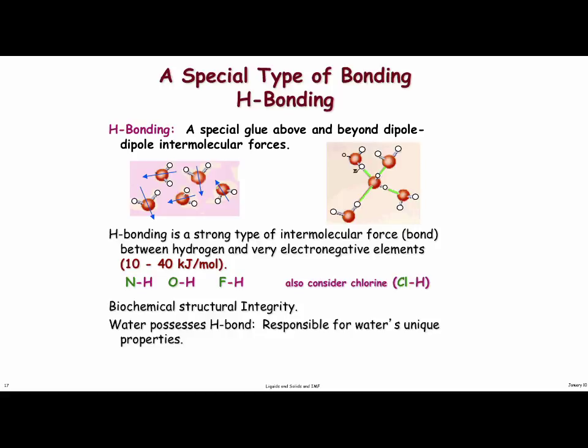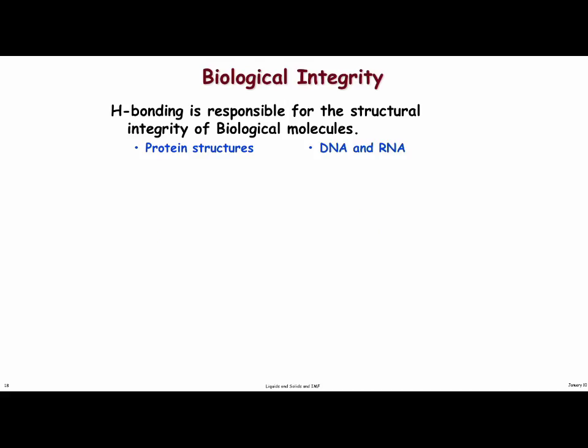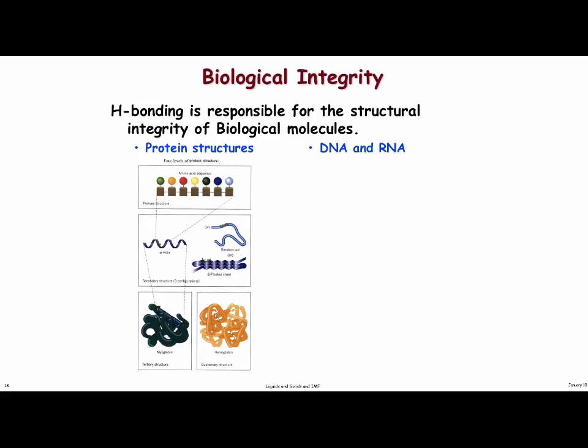In fact, hydrogen bonding is so important that it's necessary for life. Biochemical structure is based on hydrogen bonding. The unique properties of water are based on hydrogen bonding. Take, for example, protein structure. We have primary, secondary, tertiary, and quaternary structure.